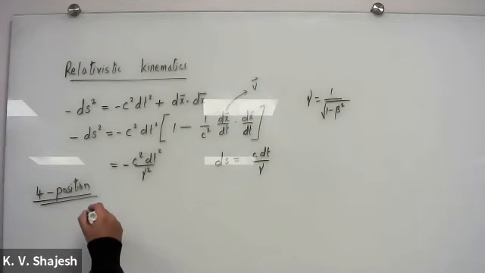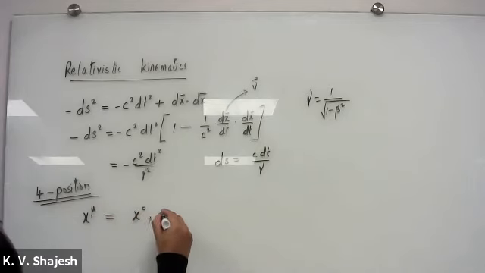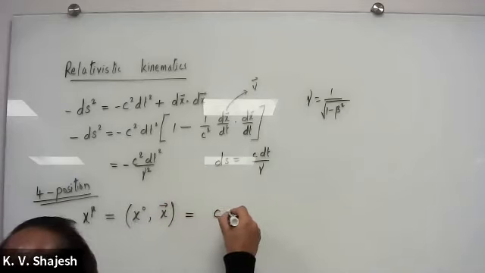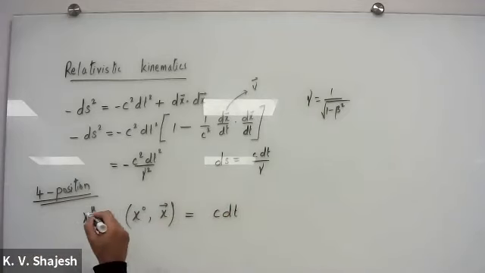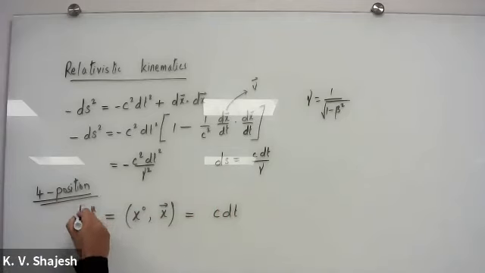So x mu, whenever we want to talk about position, c dt. So this is x mu is actually x0 and vector x.